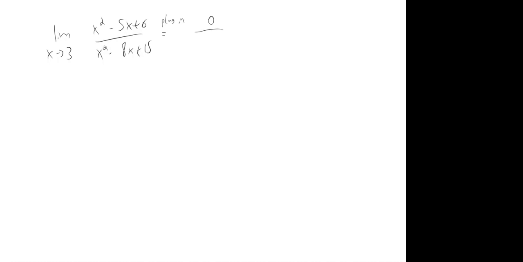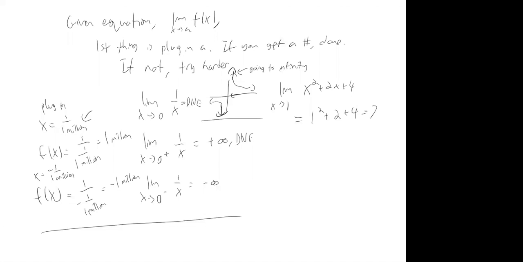Yeah, it is 0. So whenever you get 0 over 0, remember before, for something like 1 over x, you got a non-zero number over 0 when you plugged in. In that case you knew the left and right limits were plus or minus infinity, because you're dividing a non-zero number by a really small number.